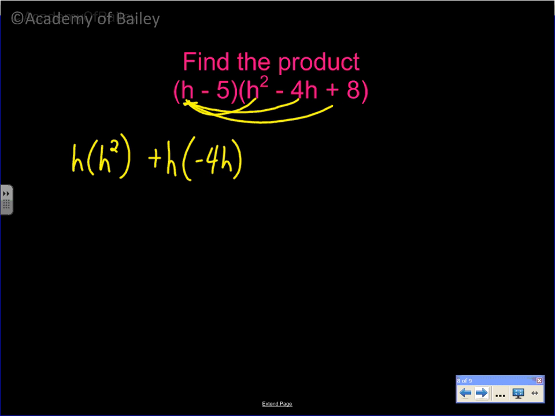And h times 8, so positive h times positive 8. Let's go with negative 5 times h squared. Negative 5 times negative 4h. And negative 5 times positive 8.